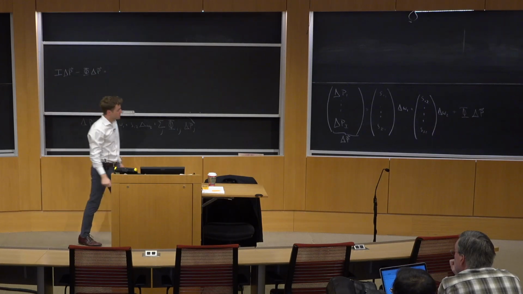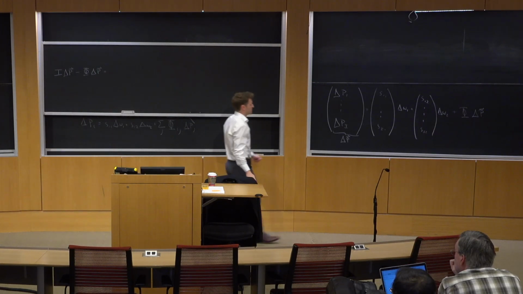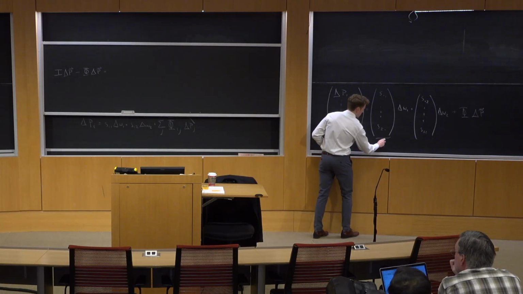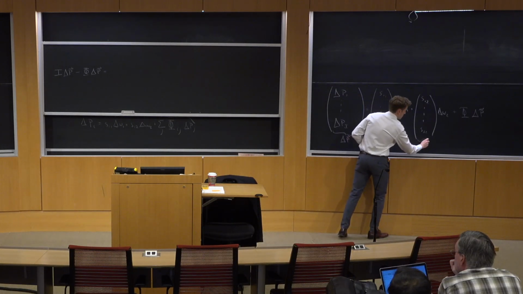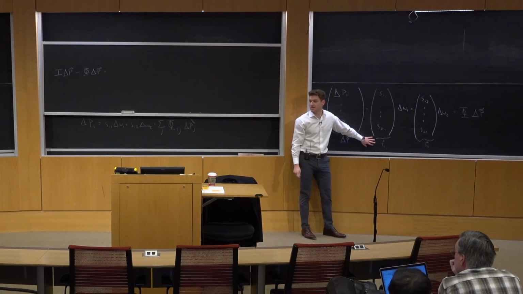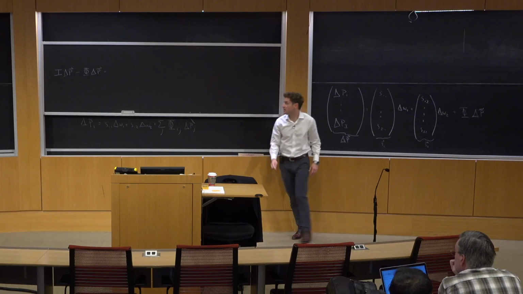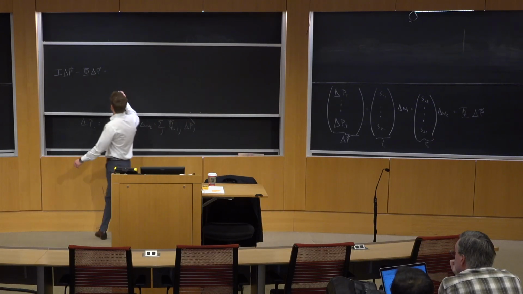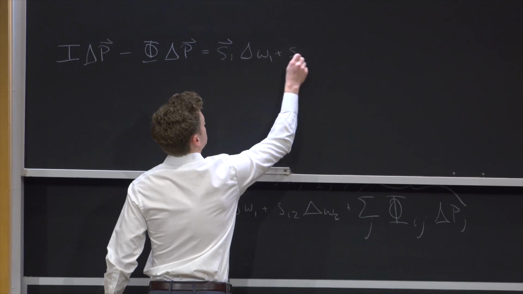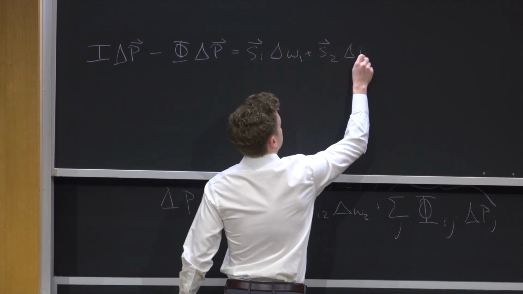And now these shares all also condense. So we'll say that this is actually S1 vector, and this is S2 vector. Just condensing that notation a little bit. S1 vector delta W1 plus S2 vector delta W2.